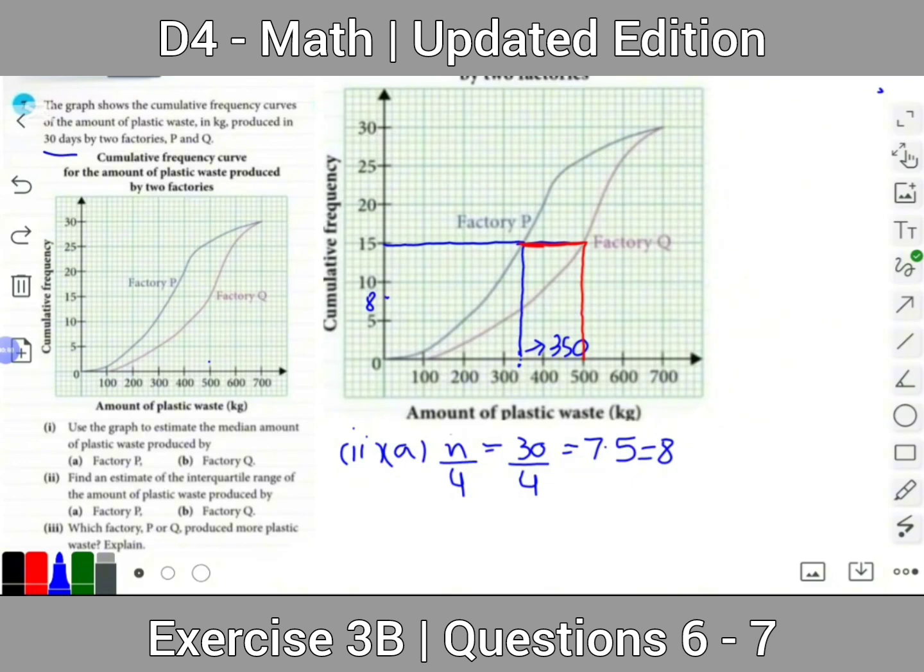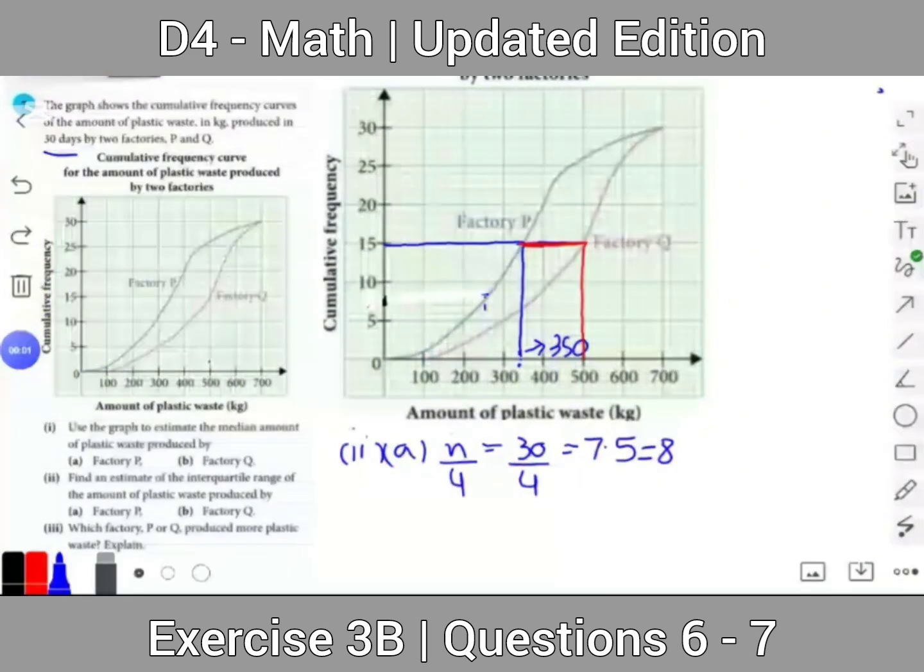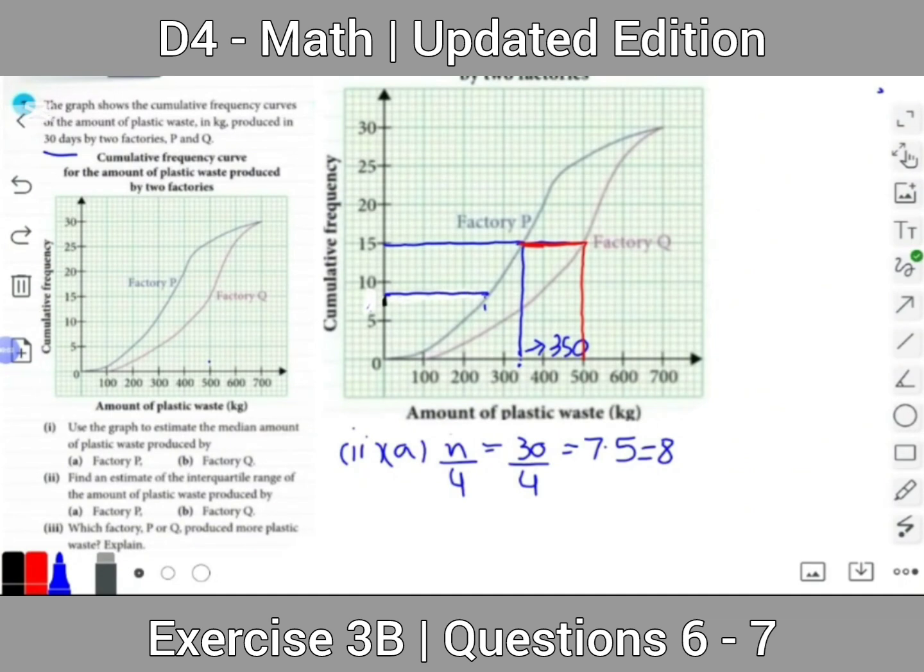From 8 we will draw a horizontal line until it touches the curve representing factory P. Now from the point of intersection on the curve, we will draw a vertical line until it touches the x-axis.